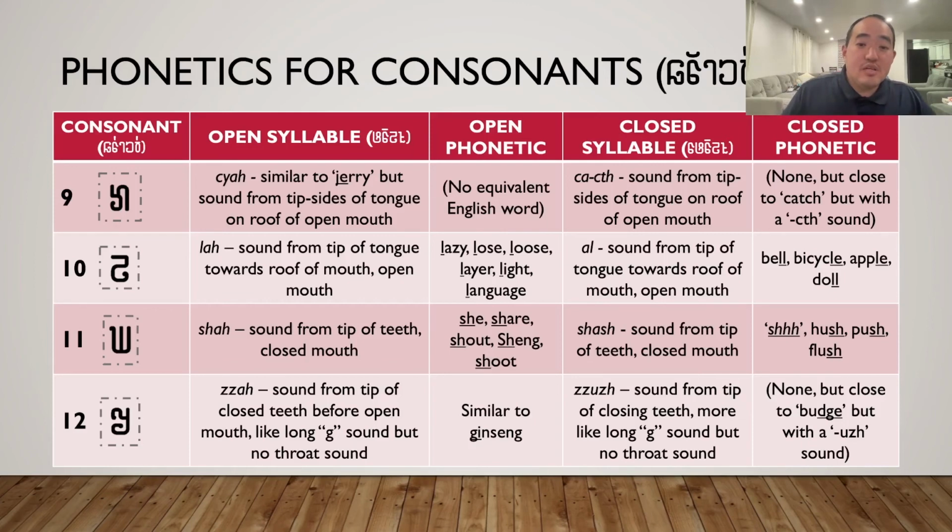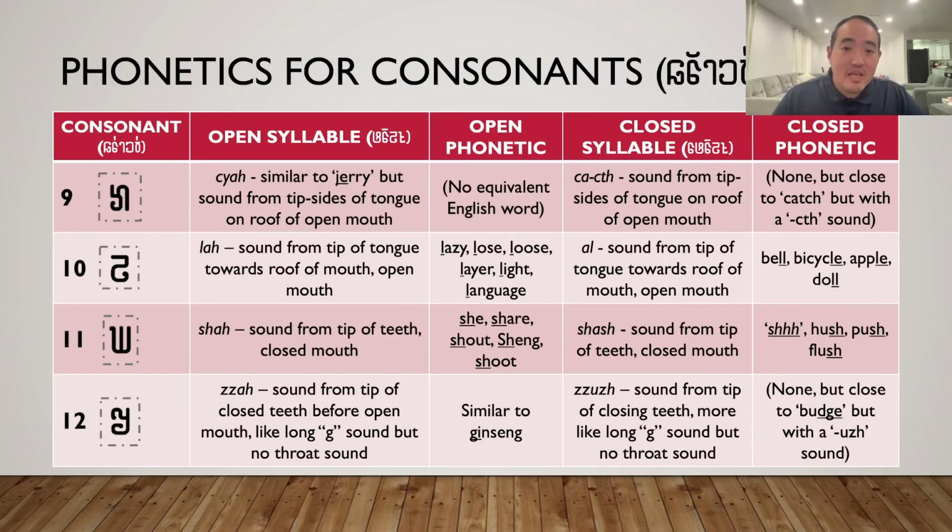Now for the next one, number 11, this is the consonant sha, shush. In the English language, this is pretty straightforward as well. The open syllable sha should come from the tip or the front of your teeth, closed mouth, like shh, right? You'll see this in the words share, she, shout, or the Hmong girl's name, Shane, or shoot.